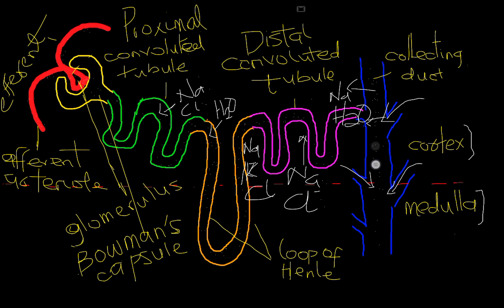Now the whole filtrate gets into the collecting duct, and from there it trickles until it gets to the ureter. Then from the ureter, it is taken to the bladder, where it's stored. And then when you need to pass urine, the bladder can be emptied.